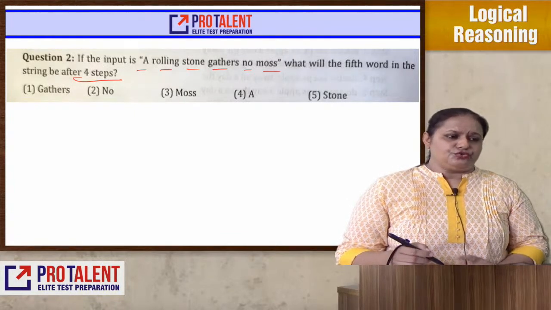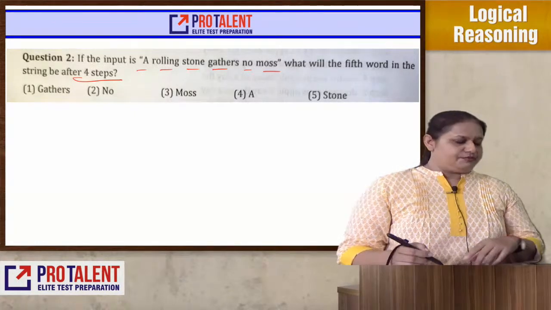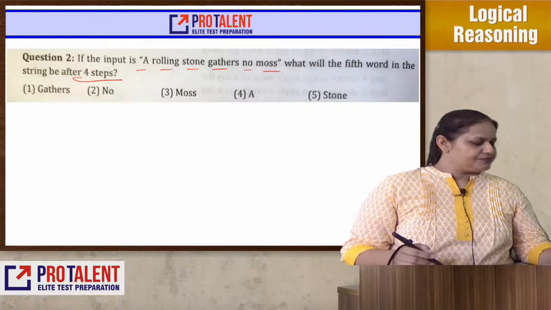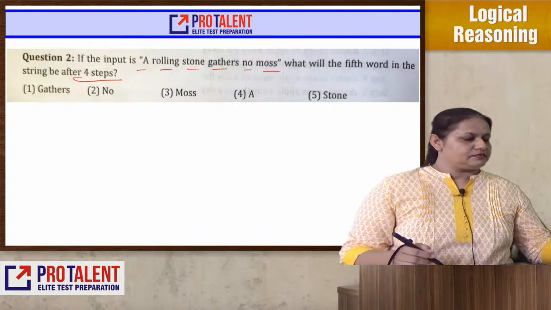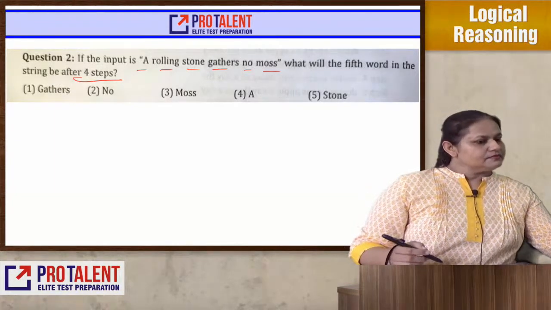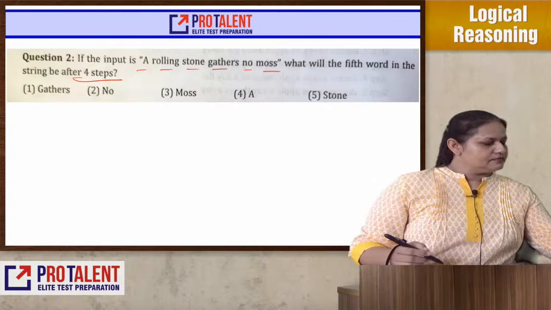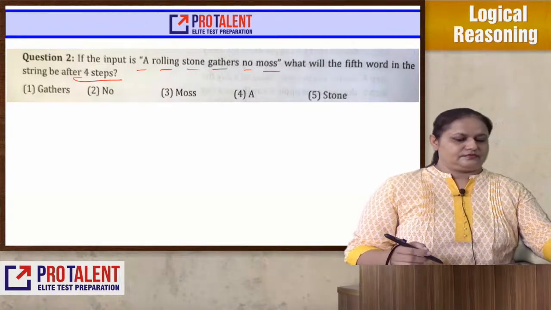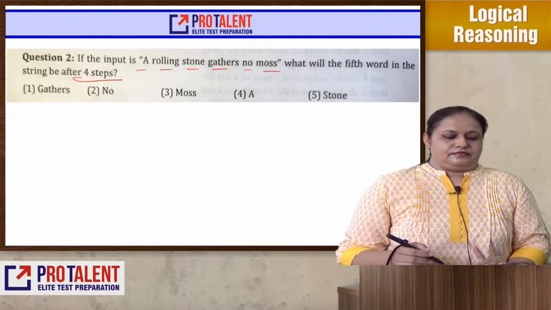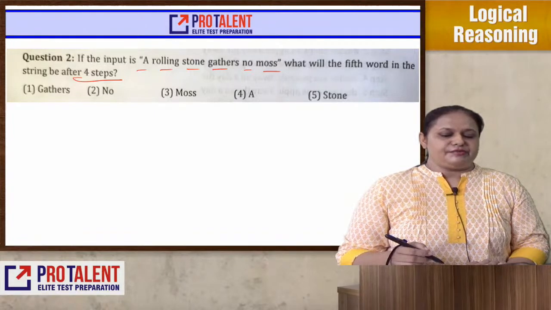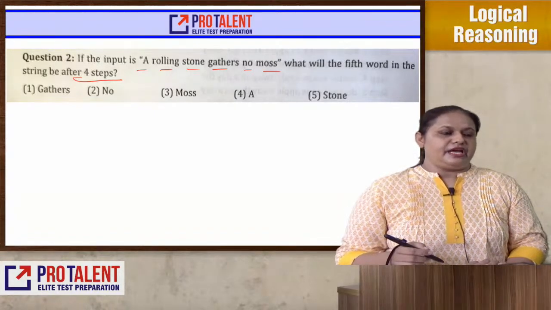So what would be the answer to question number 2? What will be the fifth word in the string B after 4?